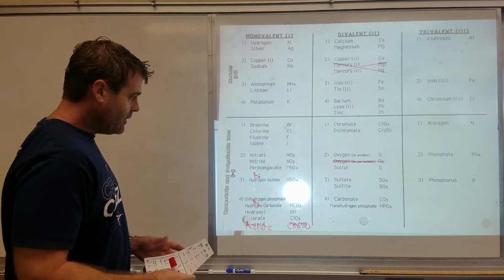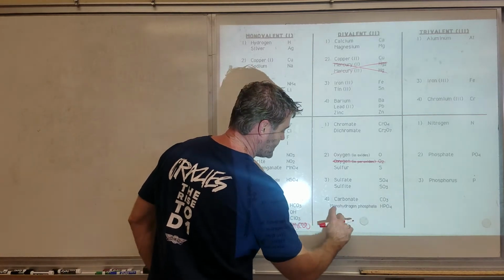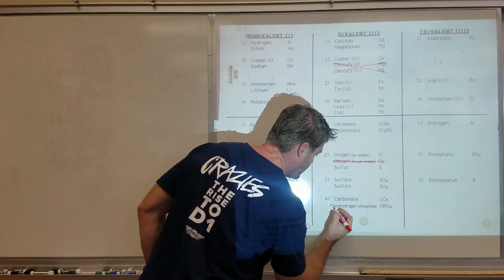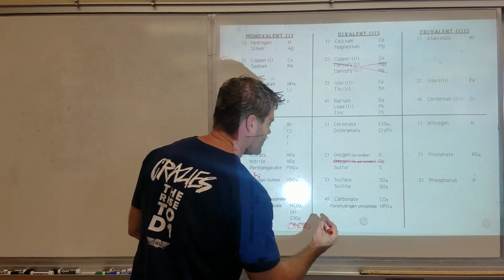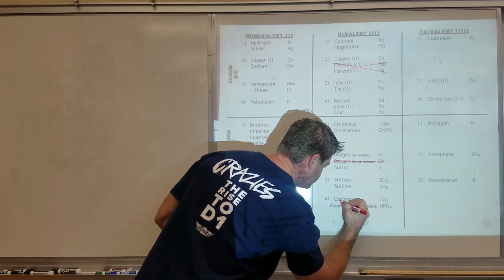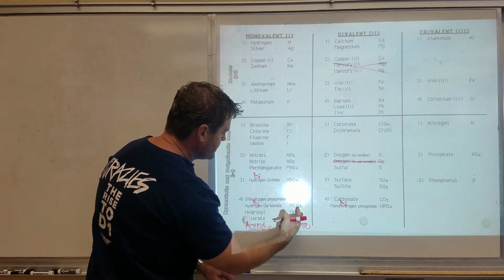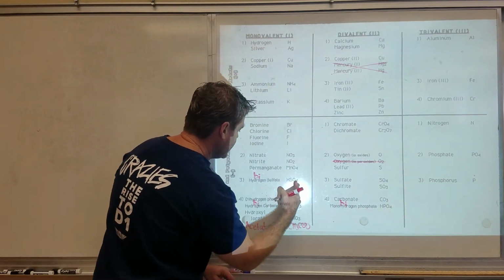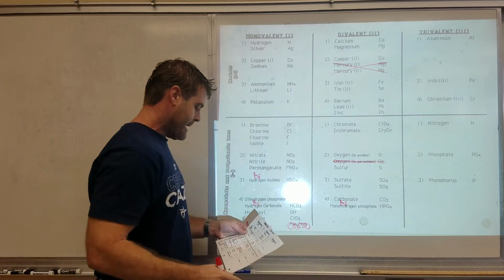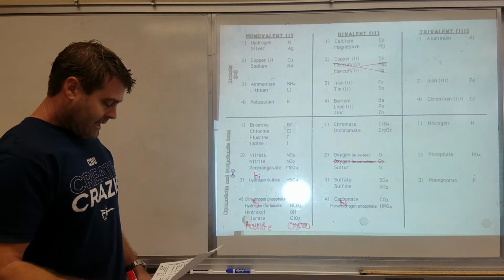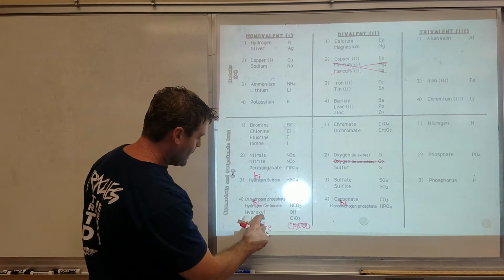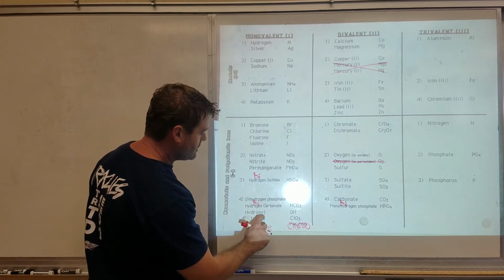I'm trying to think. Oh, and also monohydrogen phosphate could also be called biphosphate, right? You guys see whenever there's a hydrogen in front, like hydrogen carbonate, hydrogen phosphate, hydrogen sulfate, it could also be called bi. Okay. Oh, another one. You guys see hydroxyl? Whenever it's in the name, we usually don't use the term hydroxyl.